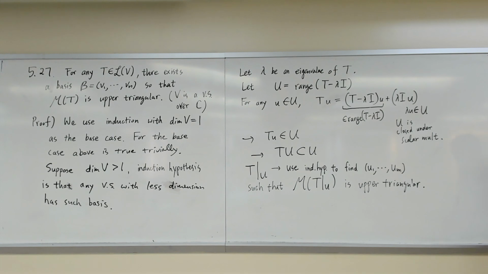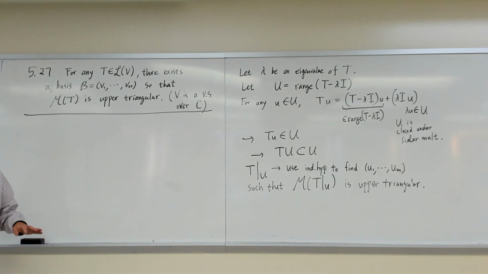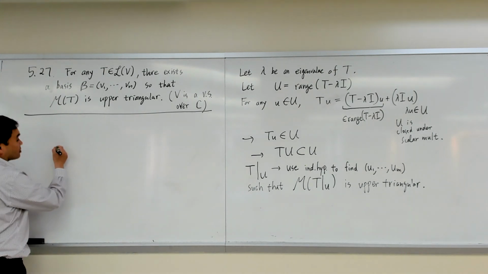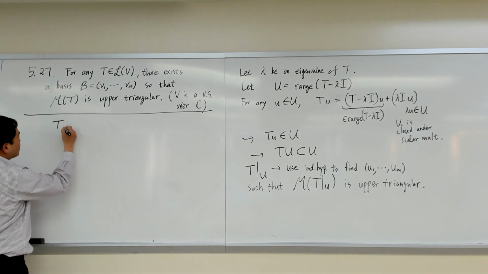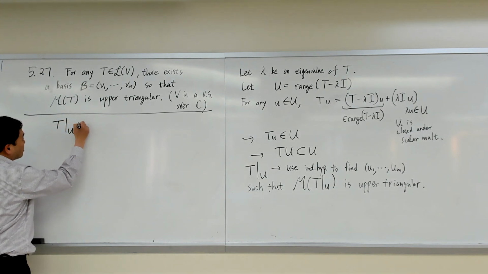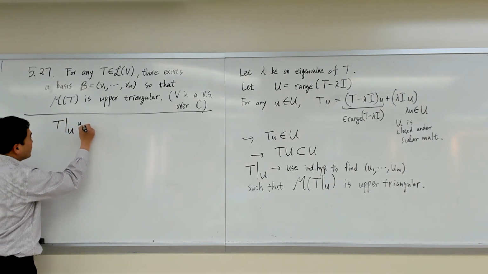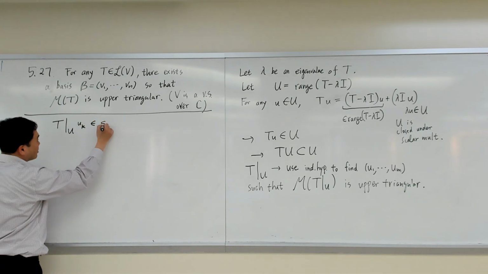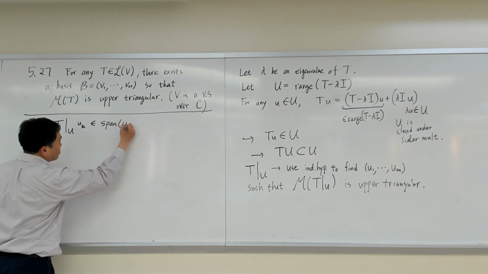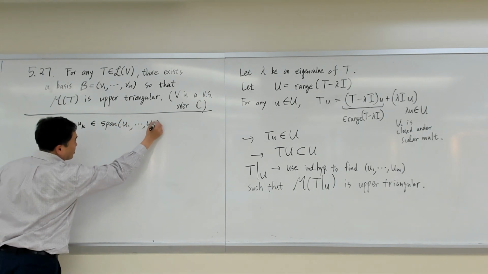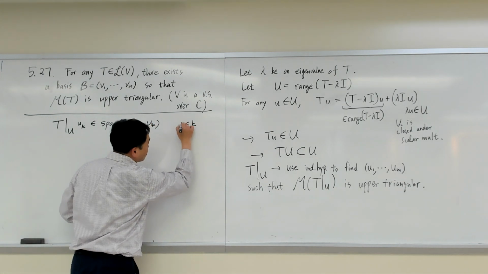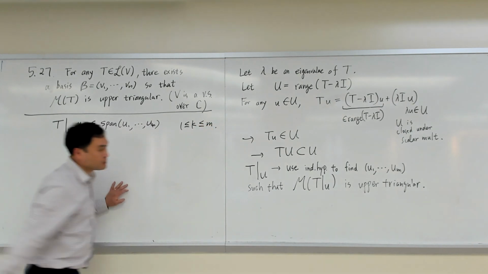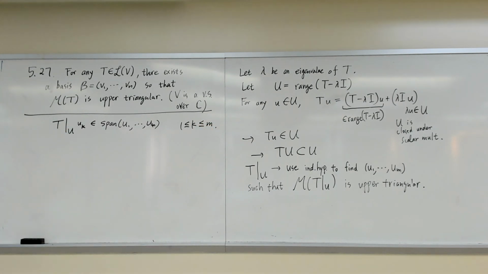You know that that's equivalent to saying that T of uk is in the span of u1 through uk, for k between 1 through m. Okay, that's what upper triangular means.